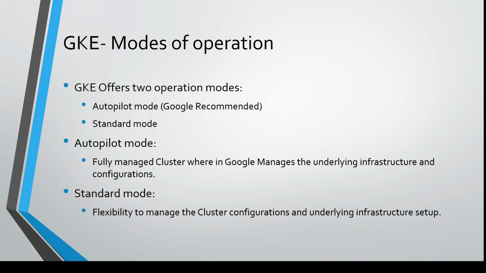Everything Google takes care of. For the node pools, the data plane, you get complete control over it. You can do the upgrades whenever you want. You can stop the upgrades from happening, as long as there is support for the Kubernetes version that you're running, right?